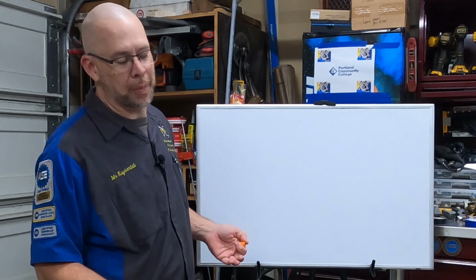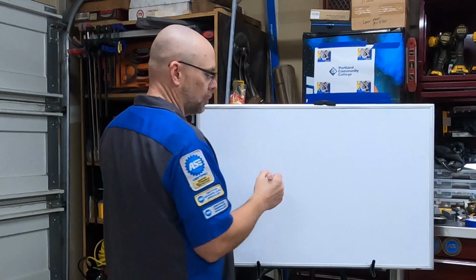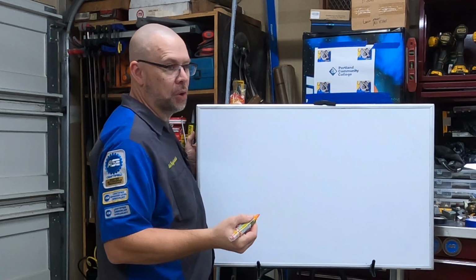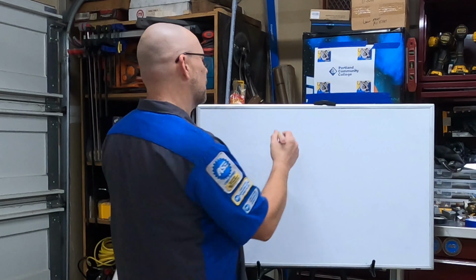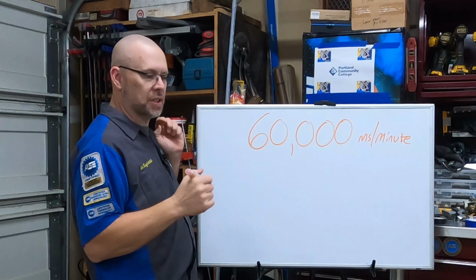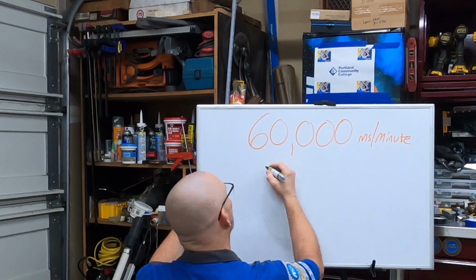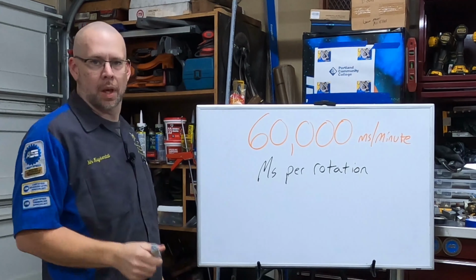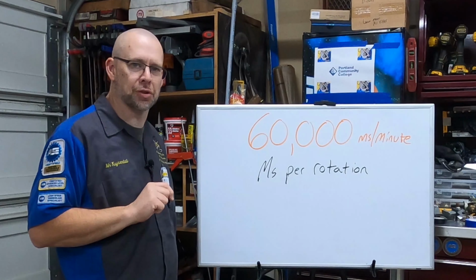Yeah, sorry, more math. A little algebra this time. First off, since we're looking for RPM, we need to know how many milliseconds in a minute, and that would be 60,000. The next piece of information that we'll need is the number of milliseconds it takes the fuel pump to make one rotation or revolution.